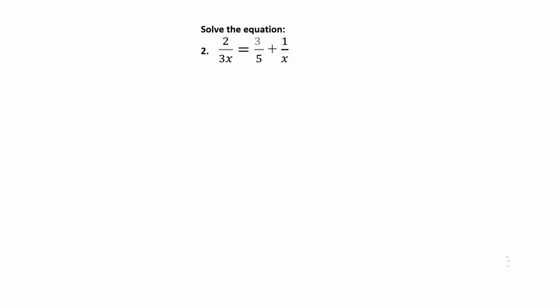Here 3 cannot go into 5 and 5 cannot go into x, so we just have to multiply. So we say multiply throughout by 15x squared. Multiply this one by 15x squared, multiply this again by 15x squared, multiply this again by 15x squared.